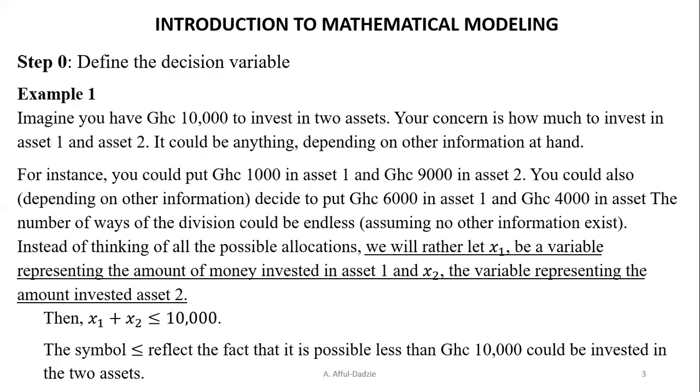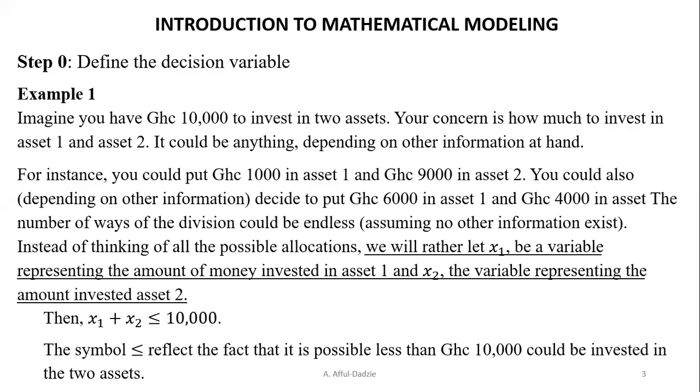So for instance, if I have 10,000, the fact that I have 10,000 doesn't mean that at all costs I must invest all my 10,000 cedis. Someone may be willing to invest all the 10,000, someone may be willing to invest some of the 10,000. However, irrespective of whatever the decision is, we cannot invest more than 10,000. All we have is 10,000 cedis. And so X1 plus X2 must be less than or equal to 10,000.